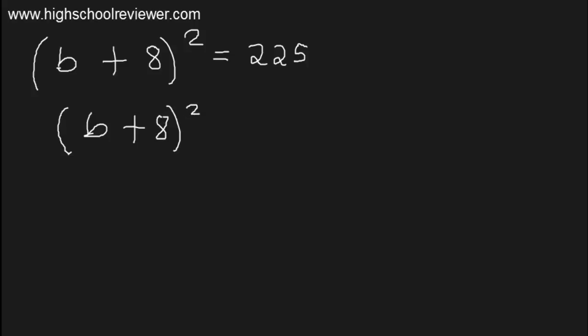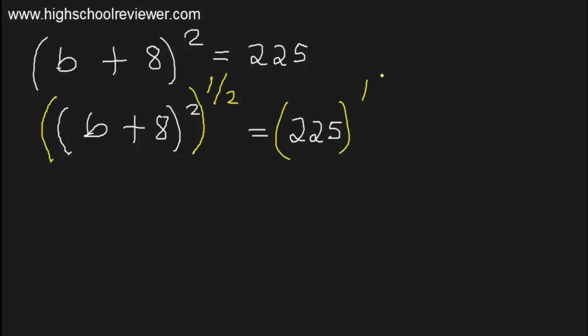So we are going to take that as 1 unit, and then we are going to raise it by 1 over 2. Same is true on the right side. So we will have here 225, and we need to raise this to 1/2.